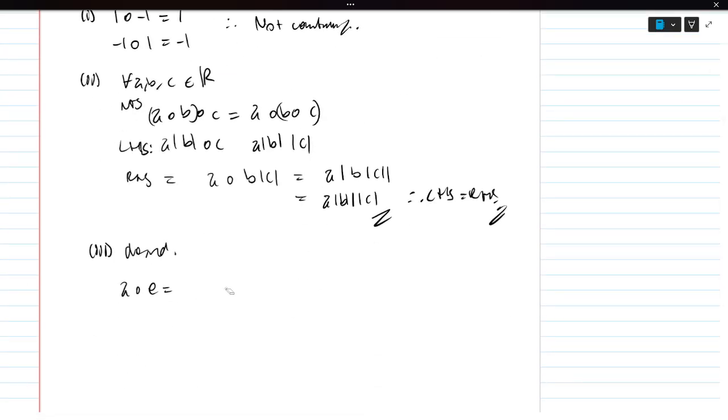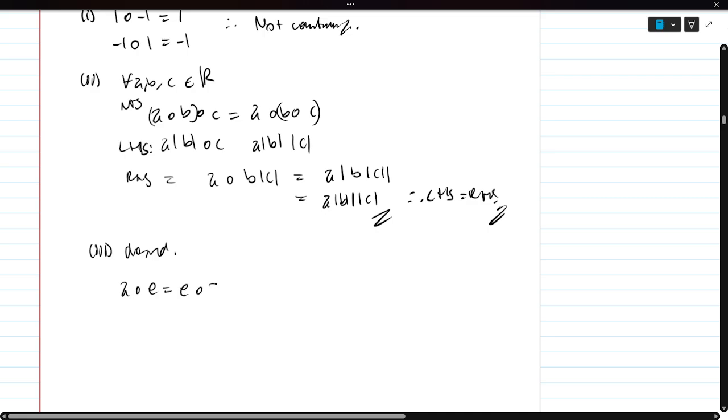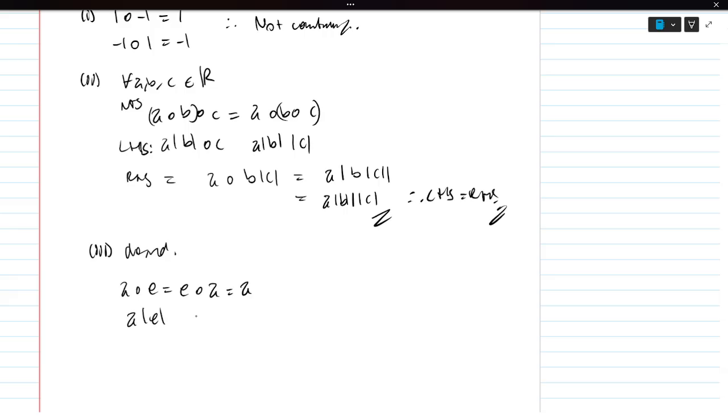Because before I had a counterexample. So a * e is equal to a, and so my identity, I need to write down, is going to be 0. No, 0 is not my identity.